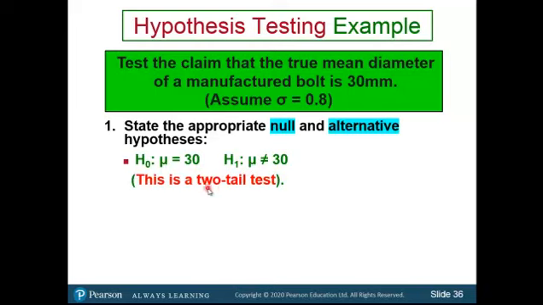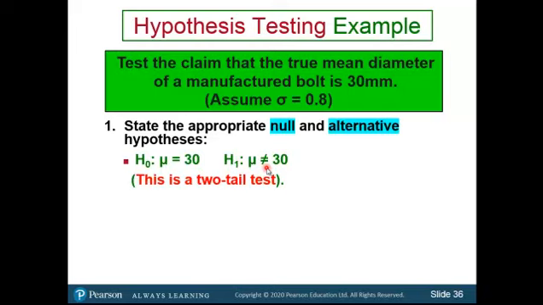And this is a two-tailed test because we use the not equal to symbol for our alternate hypothesis. So we always look at the symbol that we use for the alternate hypothesis to decide whether it is a two-tailed test or one-tailed test.